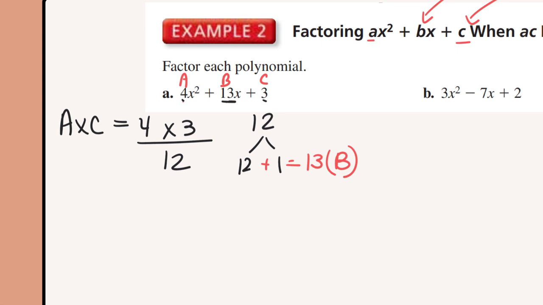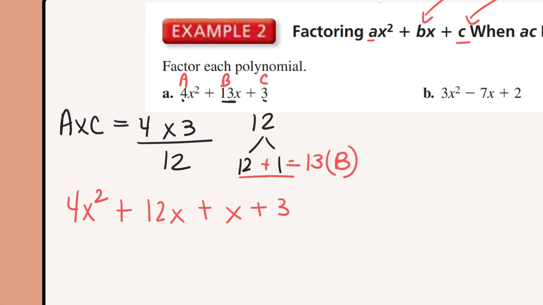So you're going to use the equation and rewrite it: 4x squared plus 12x plus x, remember that 1x is the same as x, so we're just not going to write the 1, plus 3.